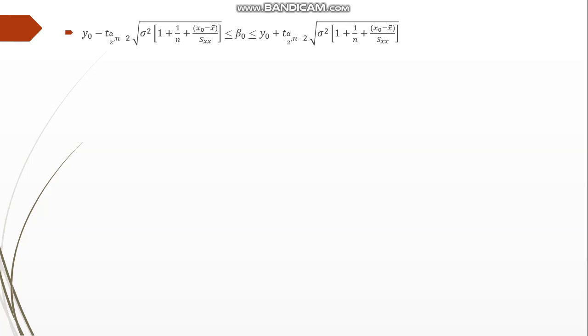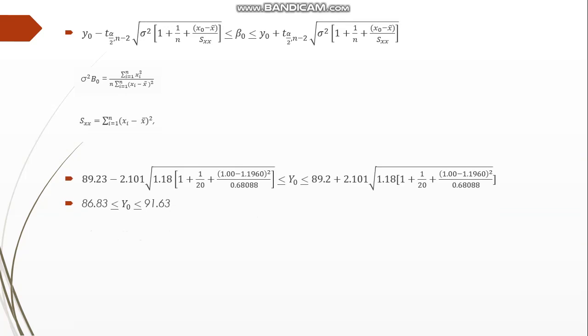The t value we find on the table is 2.101. The variance, we use this formula. And the x-axis, we use this formula. And the x bar is the mean for the value of x. And this is the initial number.